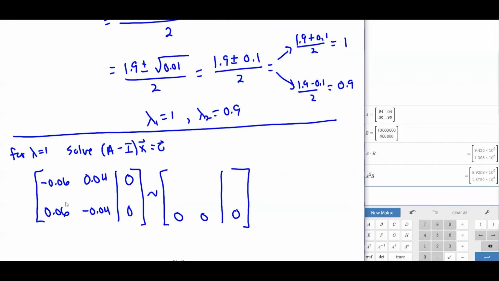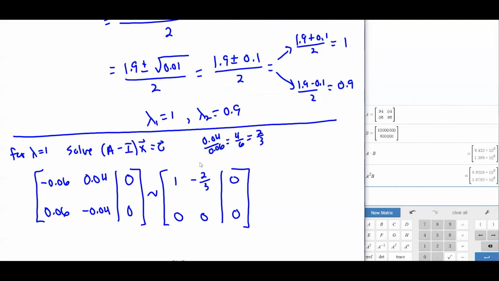In a row, right? If I add the first row to the second, well, let's divide this row by negative 0.06. So I get 1, and this will be negative 0.04 over 0.06. So that's 4 over 6, which is 2/3. You get negative 2/3.